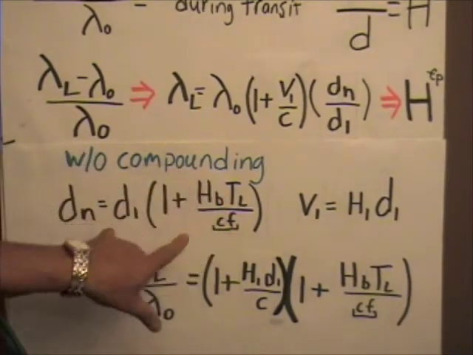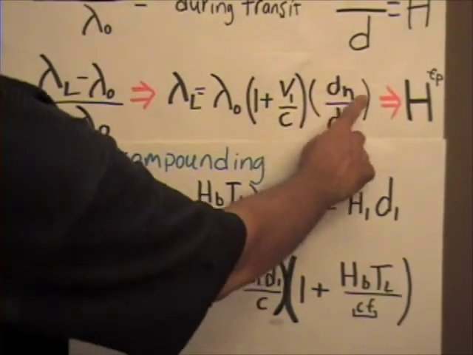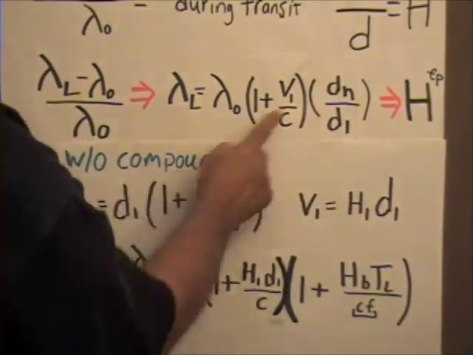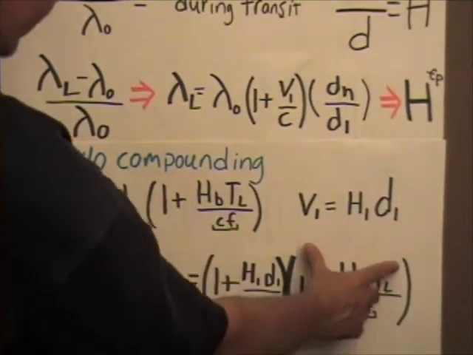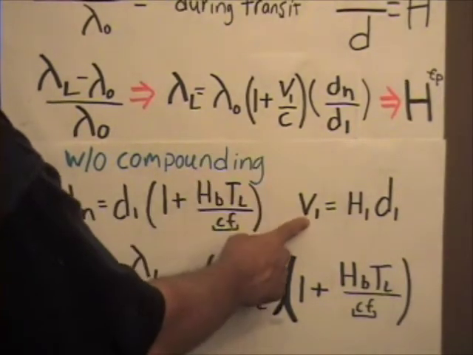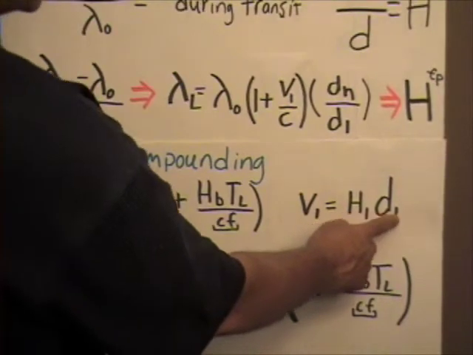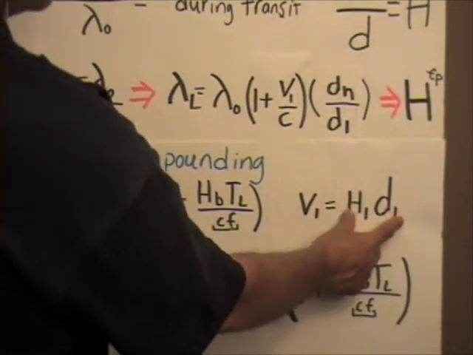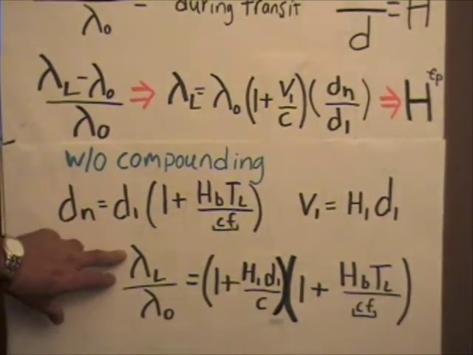So when we substitute this in here, then d1 on the top cancels with d1 on the bottom, and the rest of this comes down here. You'll also recall that v1 equals h1 times d1. So we substitute that in for v1, which gives us our final formula.